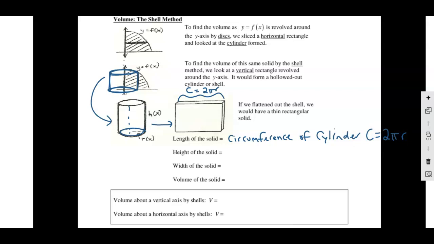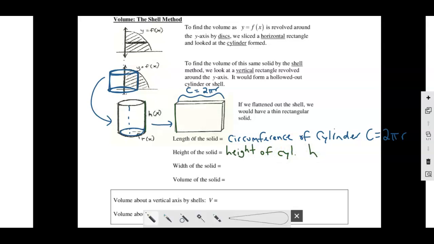And then the height of this solid, well, that's just the height of the cylinder. That doesn't really change. That's still just going to end up being the height of the cylinder. I'm going to abbreviate it as h. And now let's think about that third dimension, because if we only have a width and a height, well, that's 2 dimensions. That's an area. That third dimension is like the width, like the thickness.